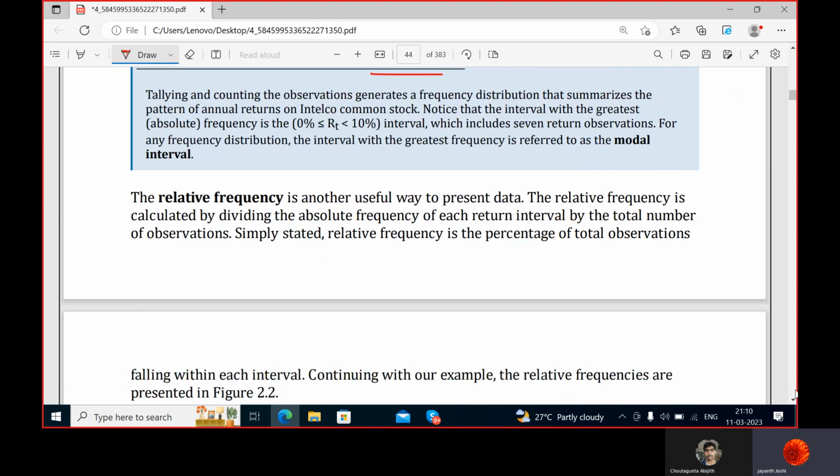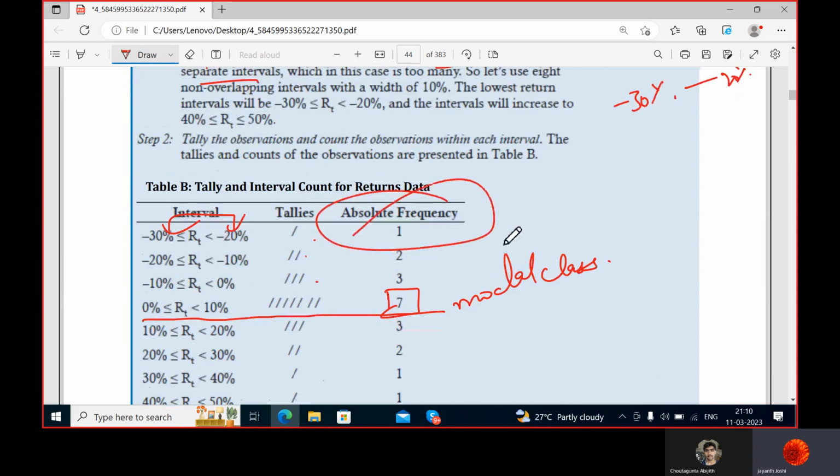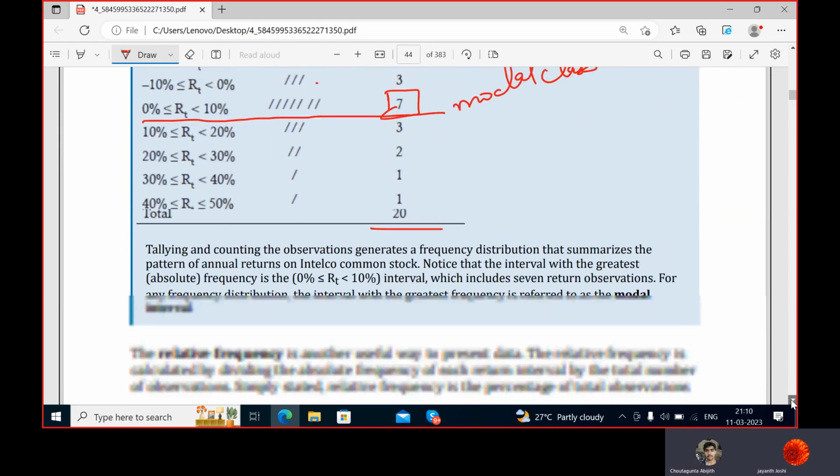Now, relative frequency. You can also do this particular exercise with the relative frequency concept. Right now, we have only taken absolute frequency. So this was the absolute frequency. Now we are going to do the relative frequency.